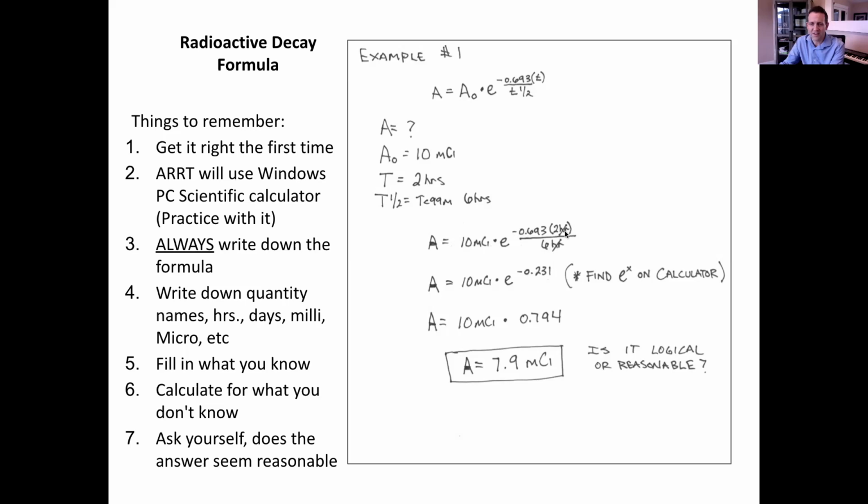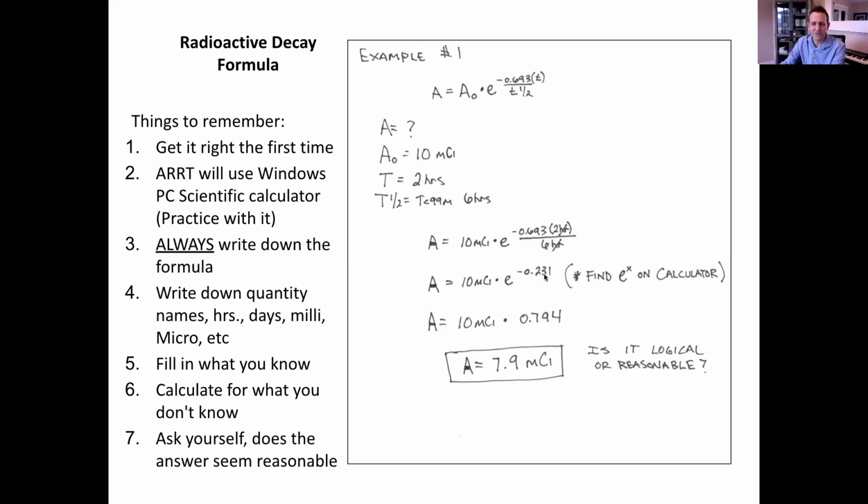You'll notice that I crossed out the hours because they're like terms. I don't need them anymore. So now I've got an equation. If you do the math here, we can start to solve this portion of the equation. I take my calculator, put negative 0.6993 times 2 hours divided by 6 hours, and I got negative 0.231. Okay, so there's what I got.